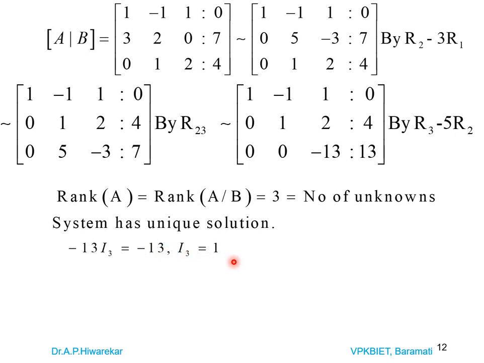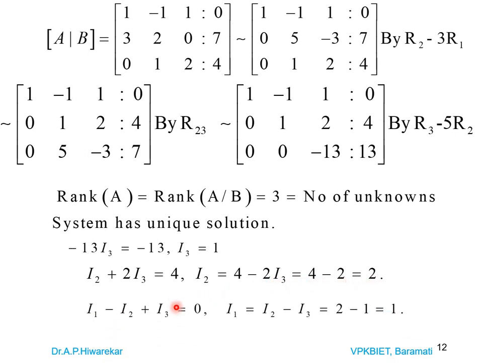So I3 is 1 if you solve the last equation. Then we have I2 plus 2I3 is 4 and I3 is 1. So I2 is 4 minus 2I3, and 4 minus 2 is 2. So I2 is 2.